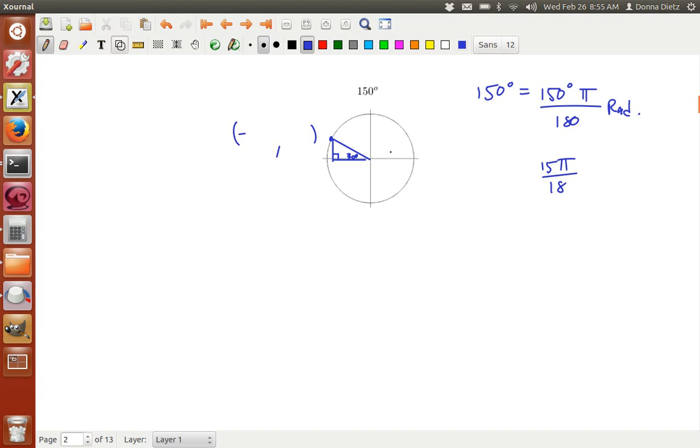The adjacent angle is 30, and this would be cosine down here and sine over here, right? Referencing 30. So this is just going to be minus, let's see, x is minus cosine of 30 degrees, and the other one is sine of 30 degrees, and that's an acceptable answer.